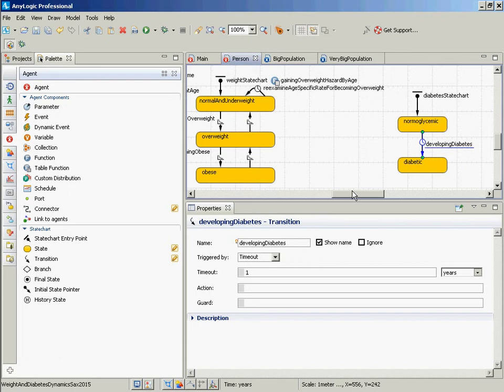How could we get this state chart to kind of tell this one how likely someone is to go from here to here on a per year basis? I'm trying to send you ideas here.